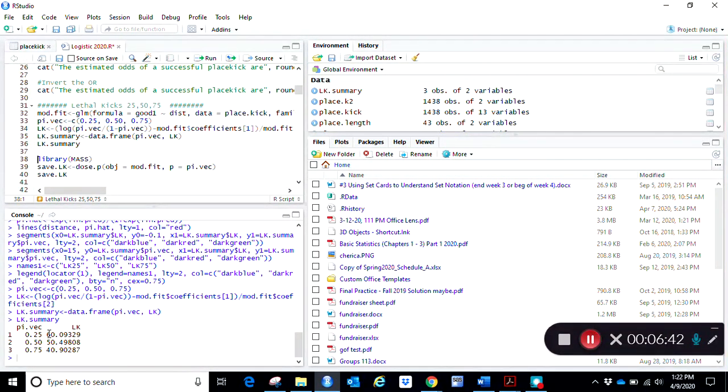Now we see 60.09 yards, 50.5 once we round that, and 40.90 as well. You could do that for any of the different values of pi, so you could plug in different values here if your interest was in different values for your estimated probabilities.